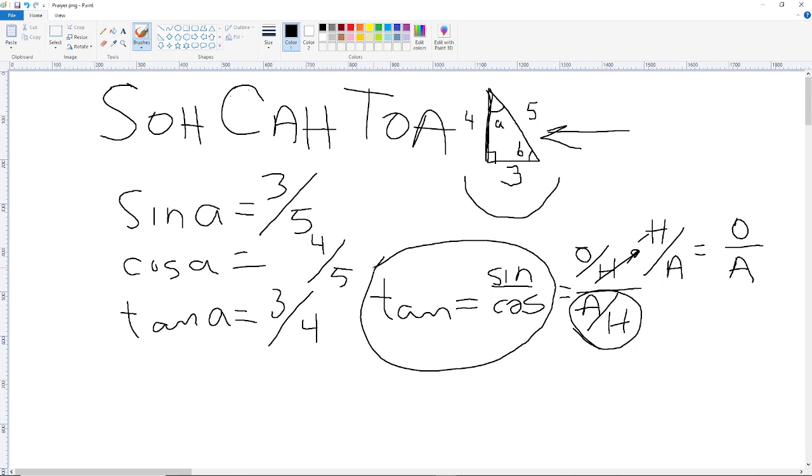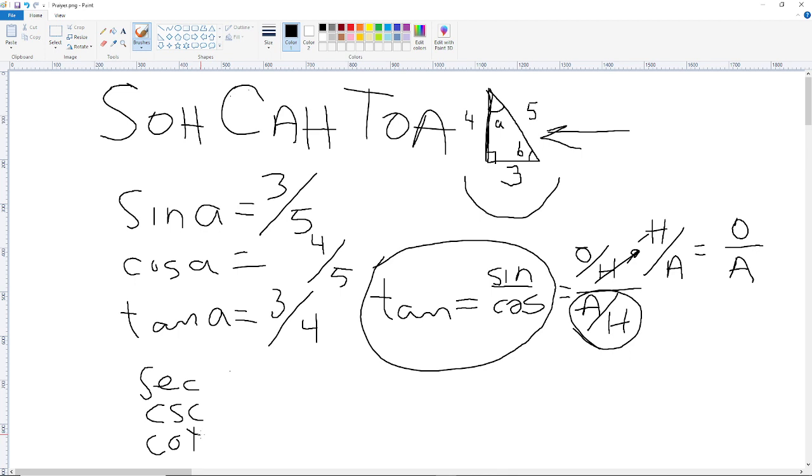Now, there's something that goes with these that's not tested too often, but sometimes. You have what's called secant, cosecant, and cotangent. Those are just the reciprocal fractions.